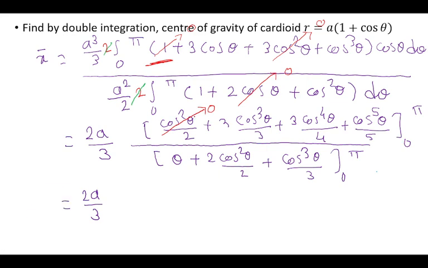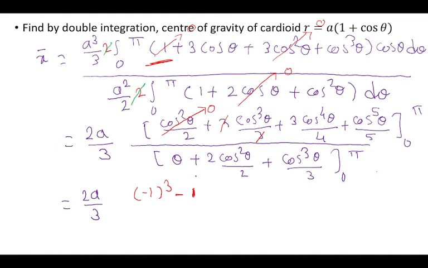Okay. Now we'll come to the same thing I said before: when we put these limits, cos 0 is 1, cos pi is minus 1, but minus 1 square is plus 1, and that goes to 0. But for this term, this 3 also gets cancelled. Cos cube theta is there. Cos pi is minus 1, so that is minus 1 cube. The lower limit has the minus sign. Cos 0 is 1, 1 cube is 1.